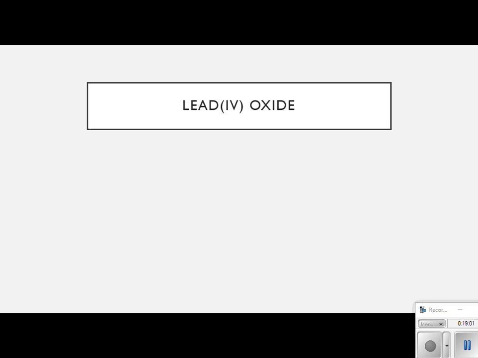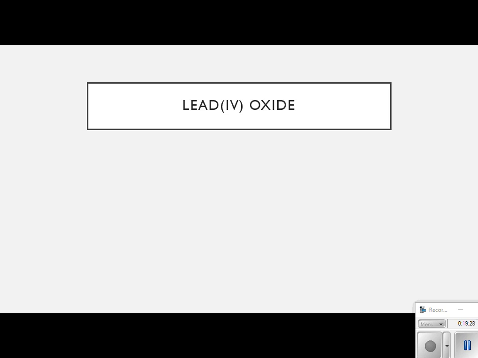Now, look at lead on your periodic table. Find lead on the periodic table and point to it. Now, above the symbol for lead, there are 2 little black numbers. What are they?